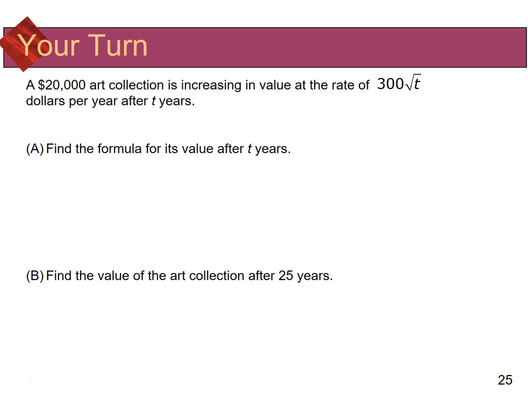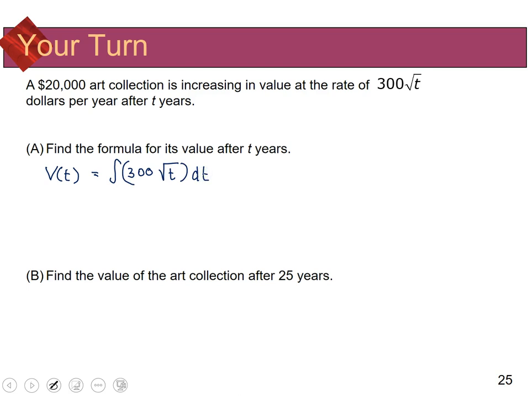So I'm going to let v stand for value, and the value function I'm trying to get based off of time t should be the integral of this rate of change, dt.